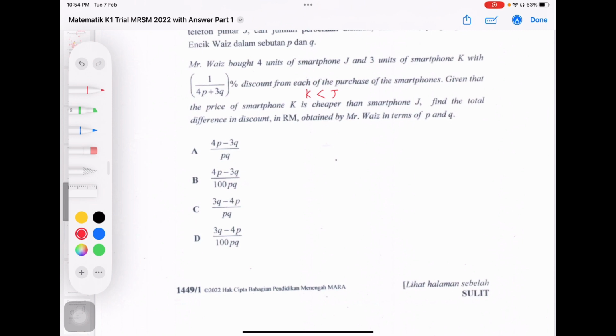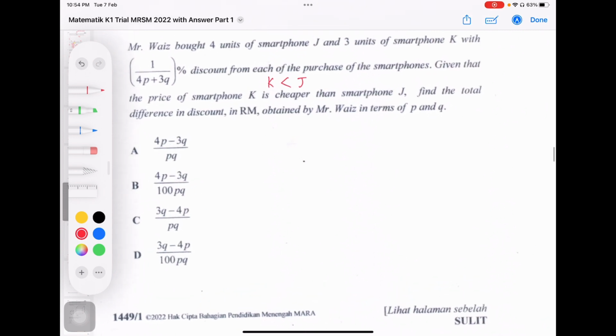Okay, so first you need to times 4 times with 4p. Now why do you times with 1 over 100? Because you want to convert the percentage symbol into fraction.